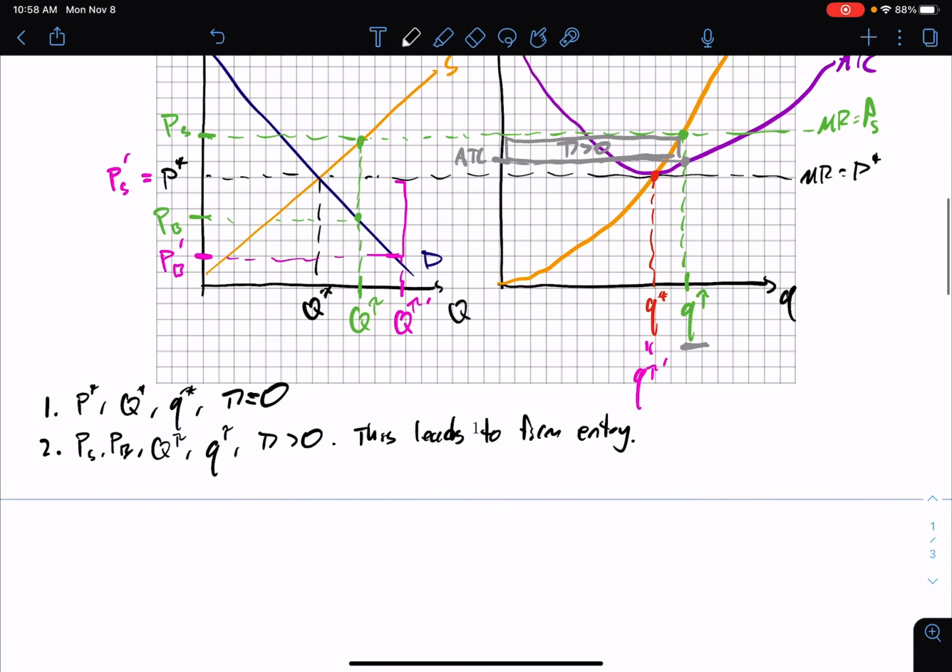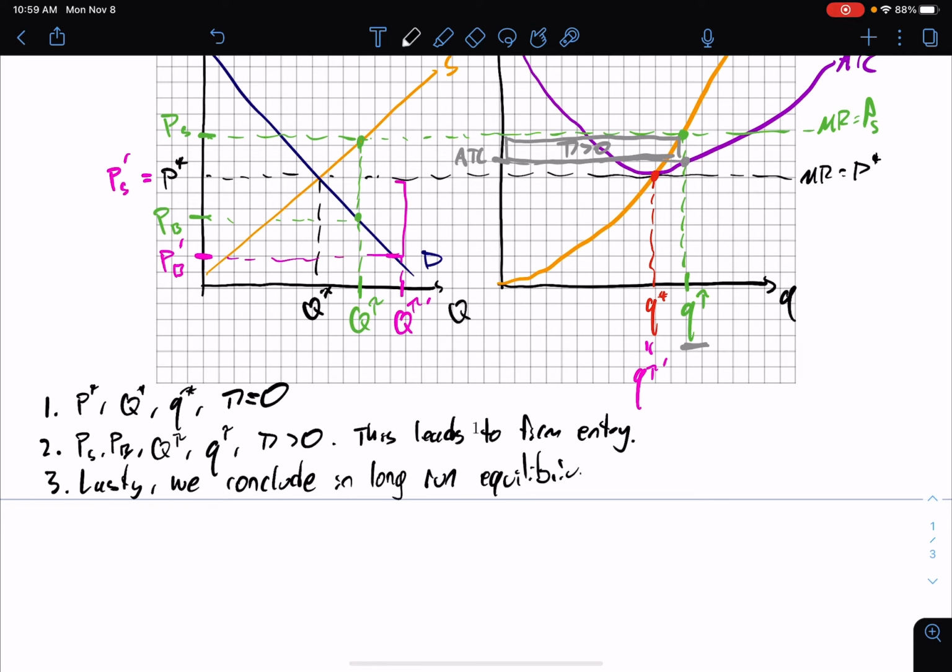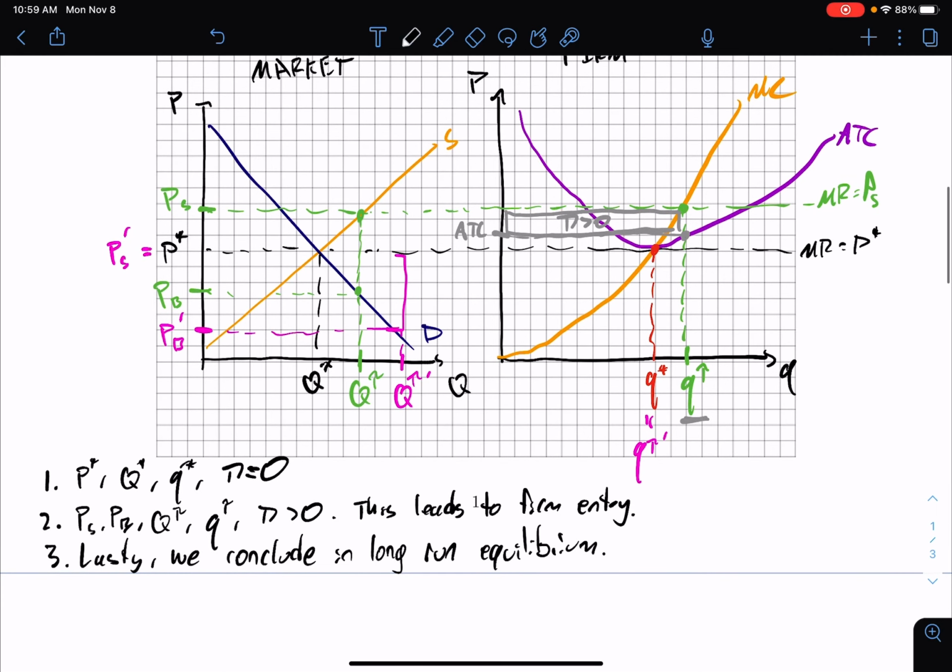Okay. And then lastly, we're concluding in long-run equilibrium, where here PS prime is equal to P star. We have Q tau prime greater than Q tau greater than Q star.